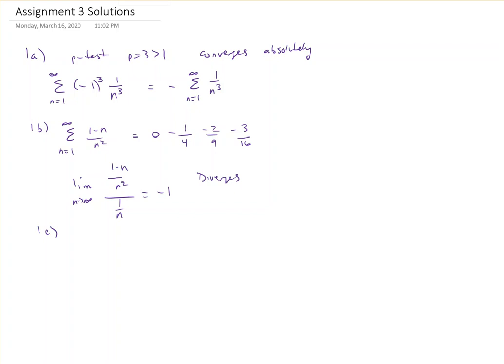Okay, now we have an alternating series. That's awesome, right? That cosine of n pi is something we've seen before. And then when you go from 1 to 2 to 3 to 4 to 5, it's just changing signs, right? So it can be rewritten like this. You have to recognize that cosine of pi, then cosine of 2 pi, then cosine of 3 pi, then cosine of 4 pi is just alternating negative ones.